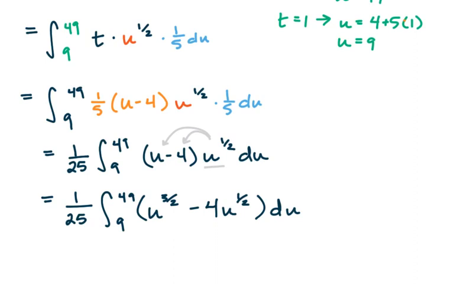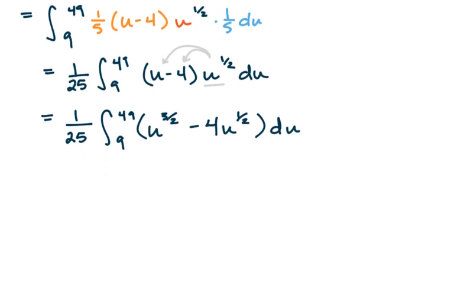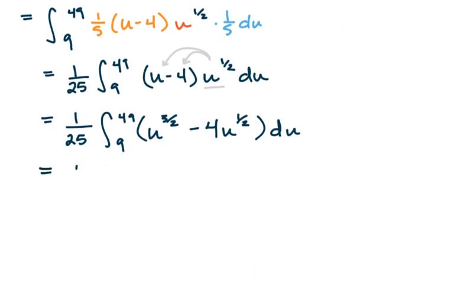At this point, I can use my power rule twice. So I have 1/25 in front. U to the 3/2, if I add 1, that's going to give me 5/2. So I have 2/5 u to the 5/2 minus 4. And if I add 1 to 1/2, I get 3/2.